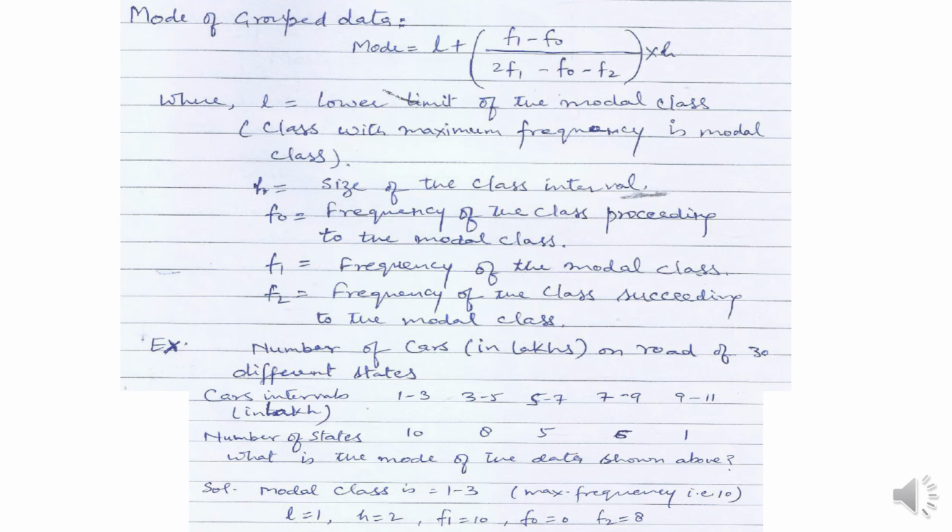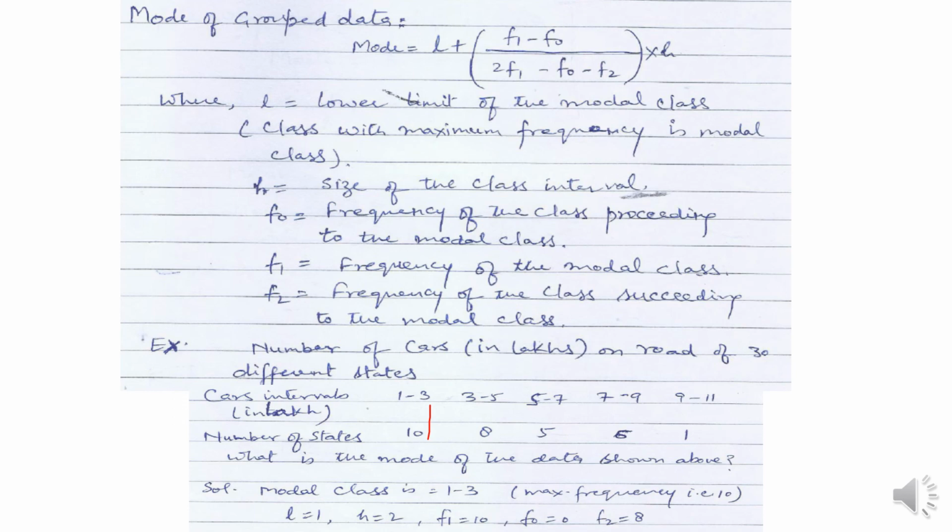So now the example is the number of cars in lakhs on the roads of 30 different states. So this is 1 to 3, 3 to 5, 5 to 7. This is the interval, and this shows the number of cars, and the number of states, that is 10, 8, 5, 6, 1. So what is the mode of the data shown above? The modal class is 1 to 3, because 10 is the maximum frequency, which is the first one. So L is 1. h is the difference.